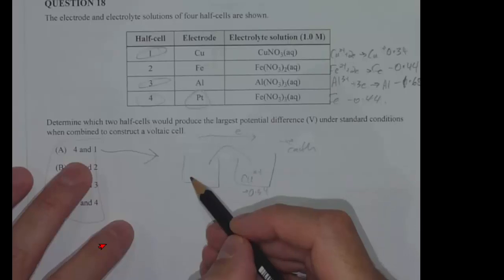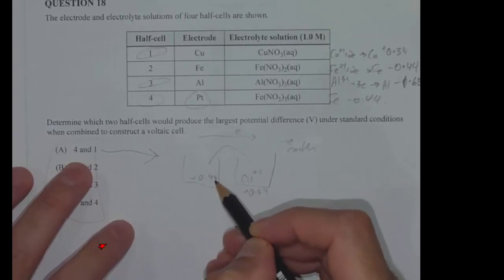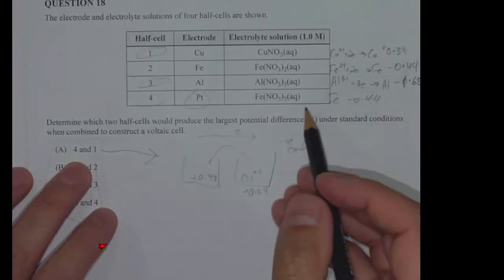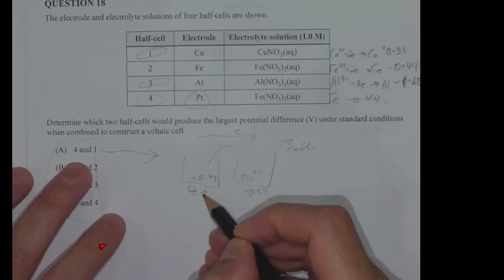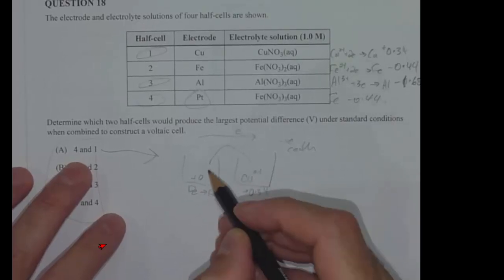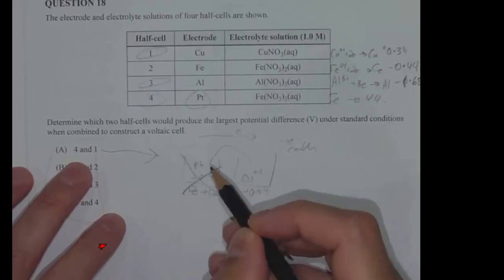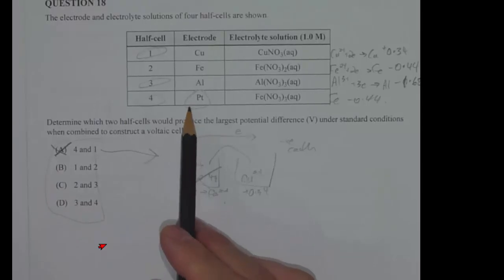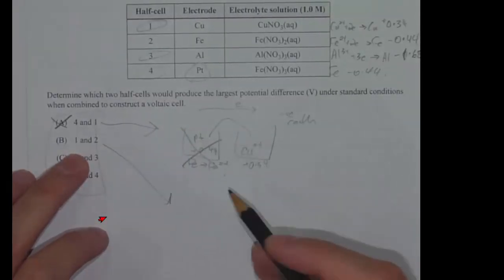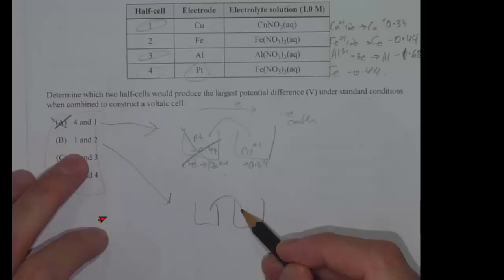And so the iron's going to be plus 0.44. But it's 4. It's iron going to Fe2+, but it's platinum, so it can't work. So A must be gone, because you can't get the iron coming off because it's a platinum electrode. Crazy nasty stuff, really.